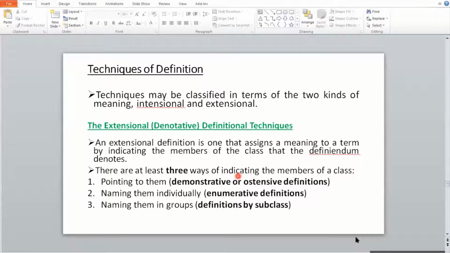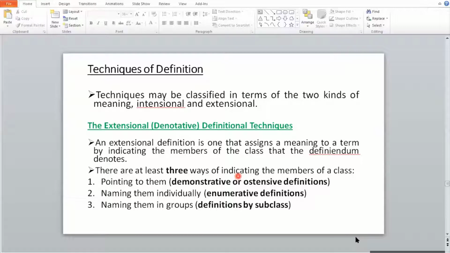So in general, we may classify these techniques of definition into 2 kinds. The first one is intensional techniques of definition, and the second one is the extensional techniques of definition.